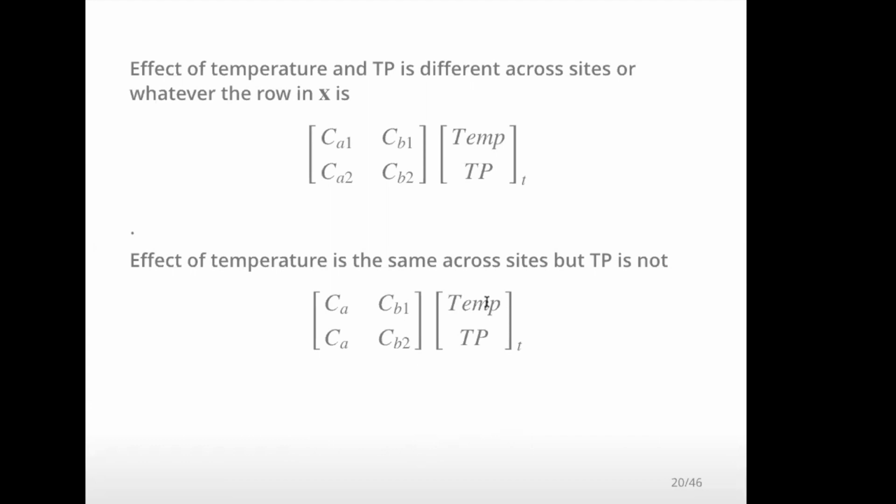Or I could say, nope, the temperature effect is the same across the x's, but the TP effect is different. Or I could even say these two are the same and those two are different. I don't think I've seen that before, but I guess it depends on what your covariate is.